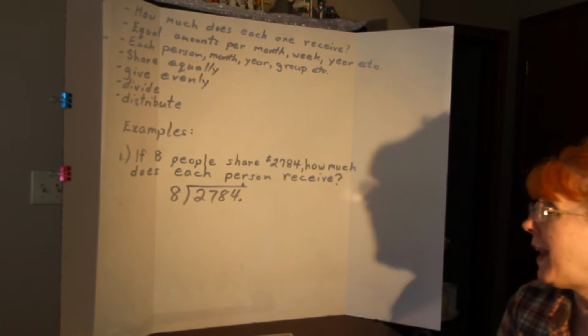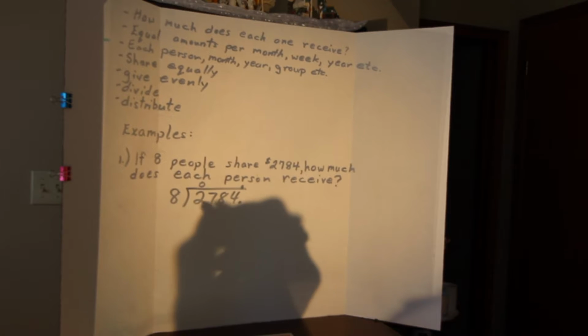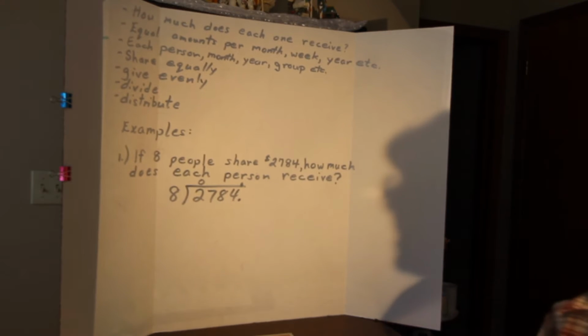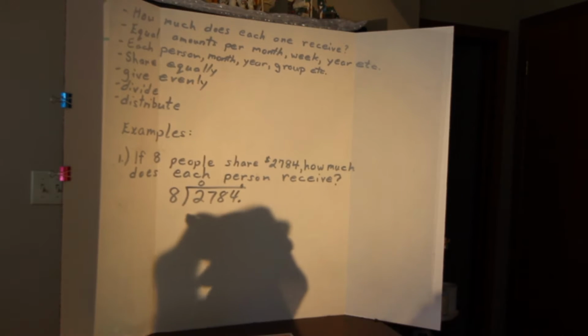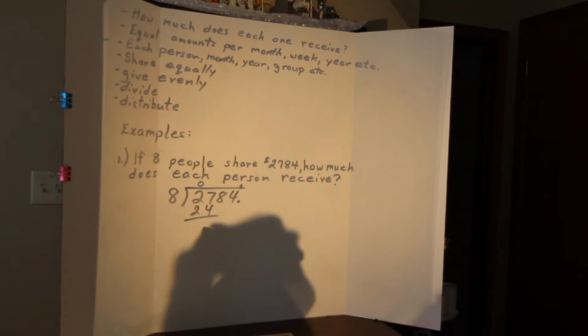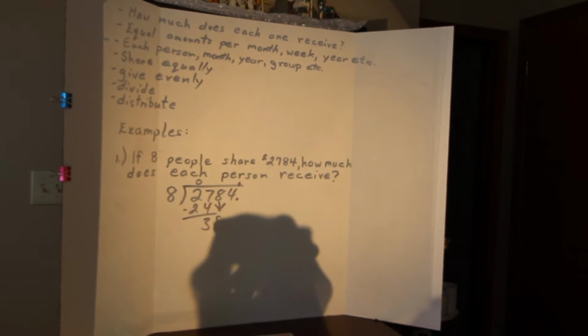All right, so how many 8s can you get out of 2? You can't get any. How many 8s can you get out of 27? 3 would give you 24. Subtract, you get 3, bring down the 8.